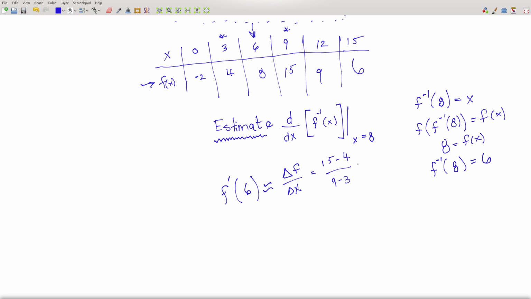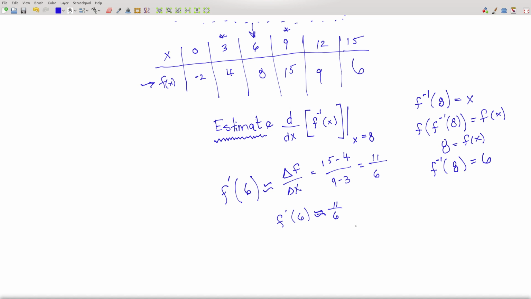So 15 minus 4 is 11, and 9 minus 3 is 6. So this is approximately, the derivative of f evaluated at 6 is approximately 11 over 6. We can estimate that to be 11 over 6.